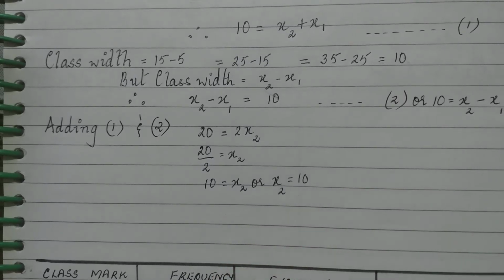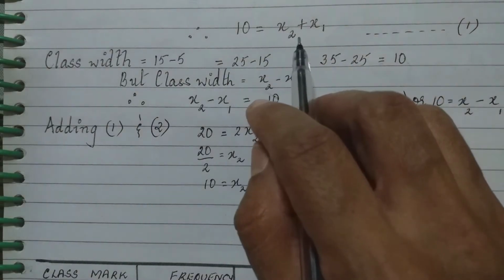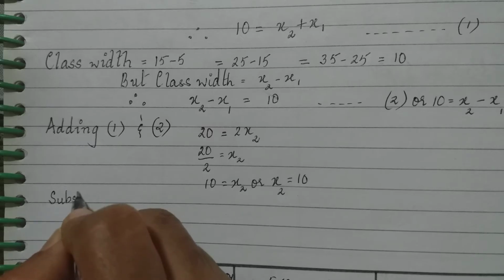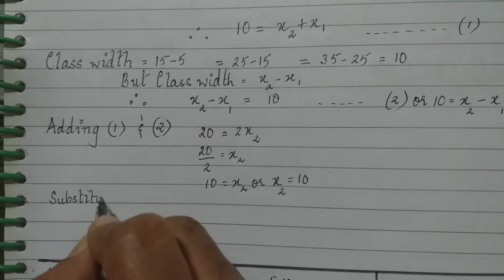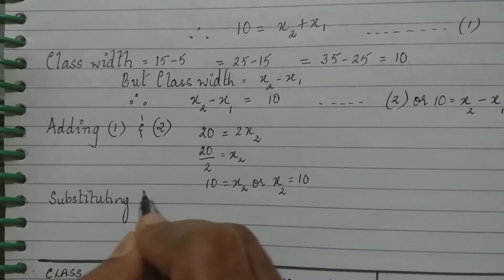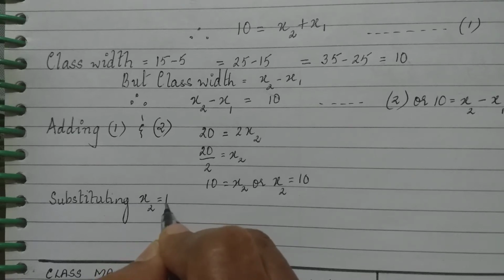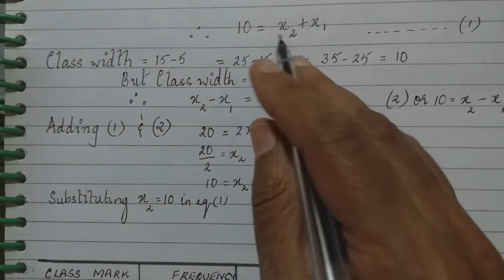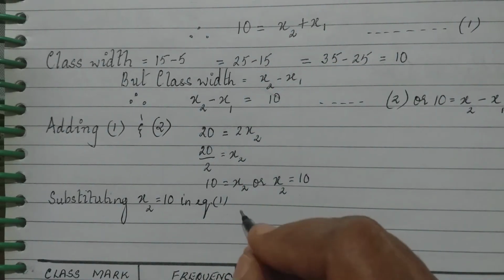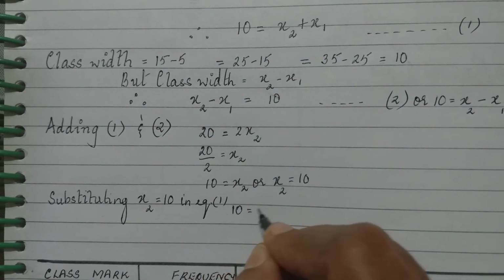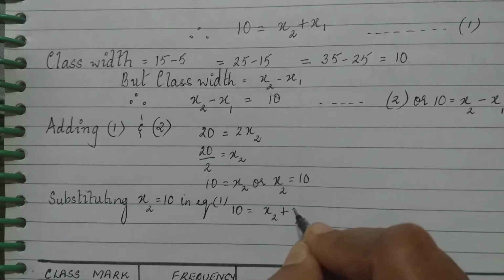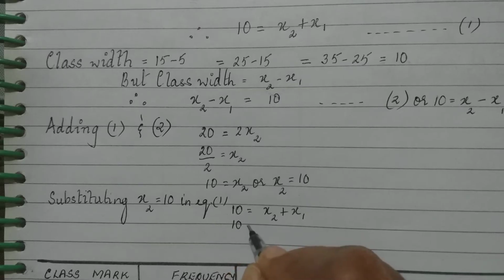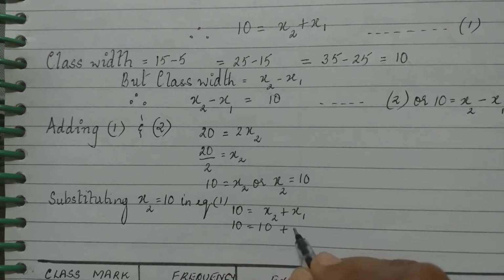Now to find x1, we substitute in the first equation. So we write substituting x2 equal to 10 in equation 1. Equation 1 is 10 is equal to x2 plus x1. So in place of x2 now I put 10. So 10 is equal to 10 plus x1.